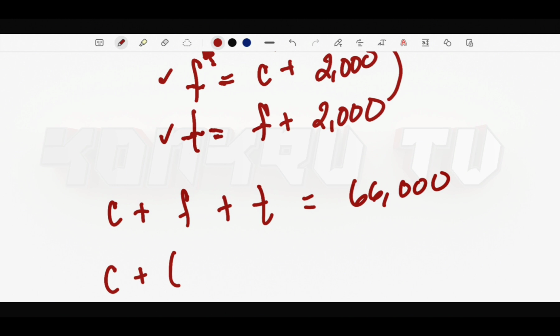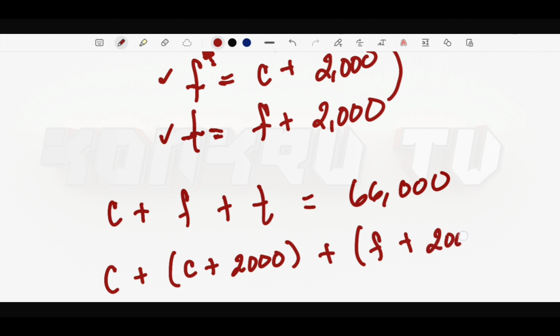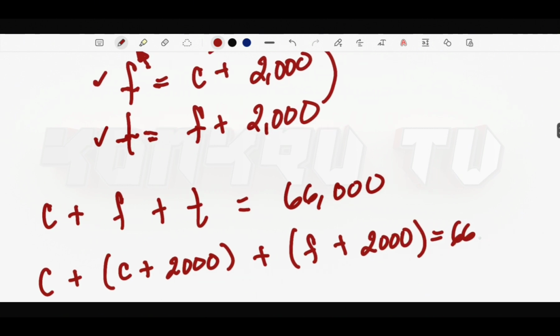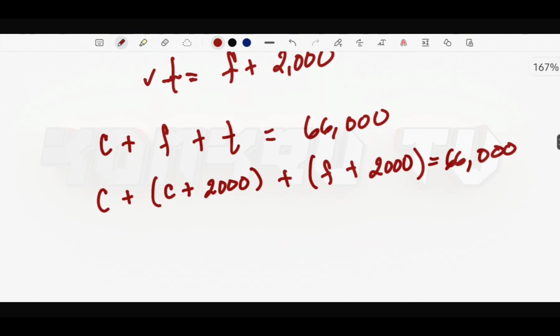Okay. So meron tayong C plus 2,000, then plus yung T ay F plus 2,000, is equal to 66,000. Okay? Next.